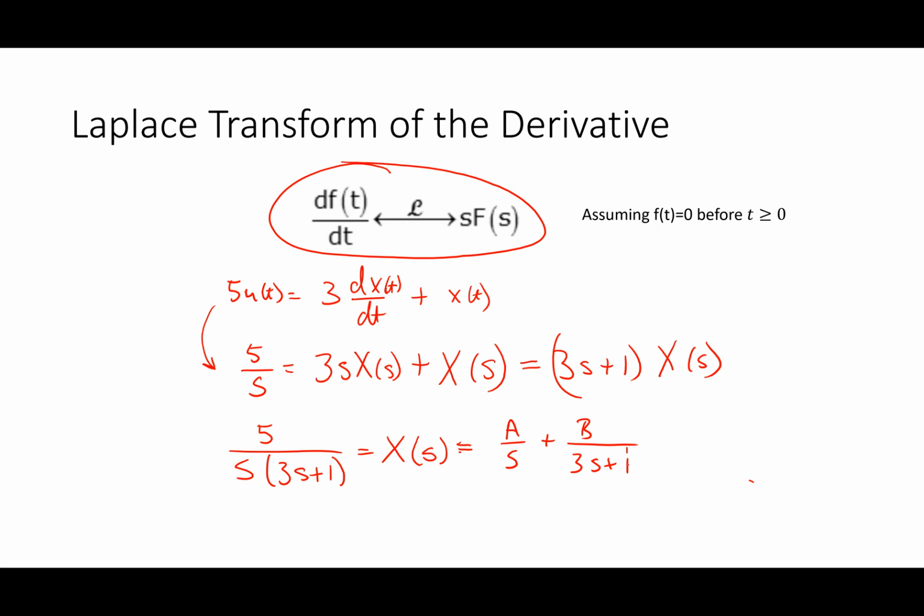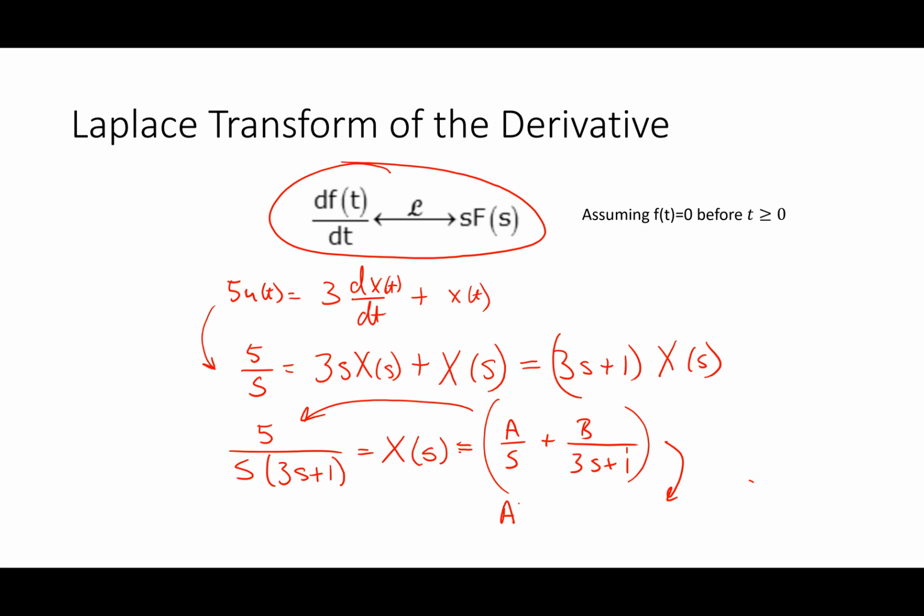We're not going to deal with partial fractions here. I'm going to assume you can do that. It comes down to figuring out what the values of A and B must be so that this turns into that. Then you take the inverse Laplace transform. What's the inverse Laplace transform of 1 over s?